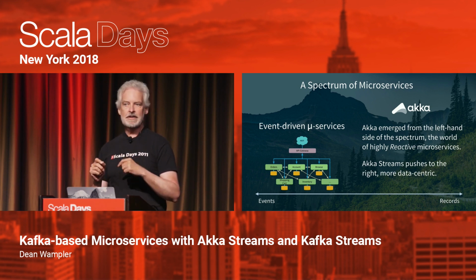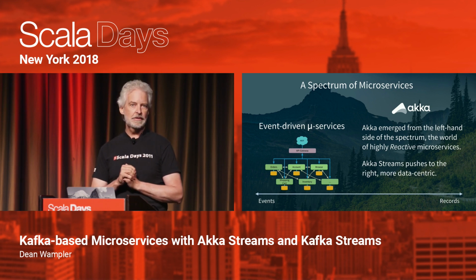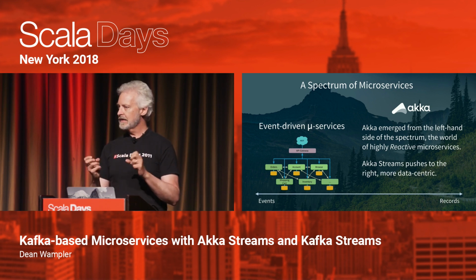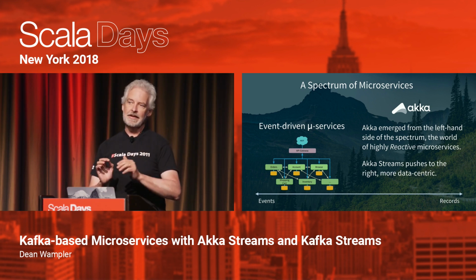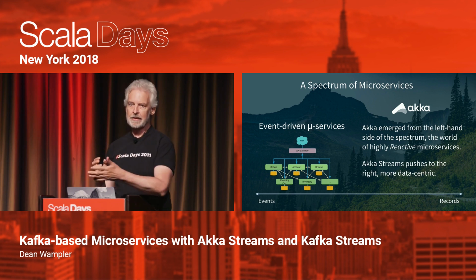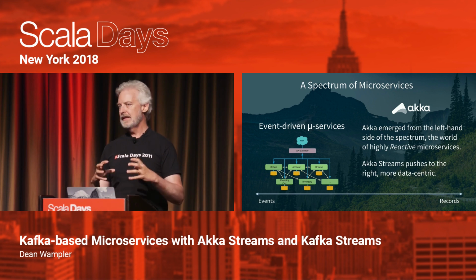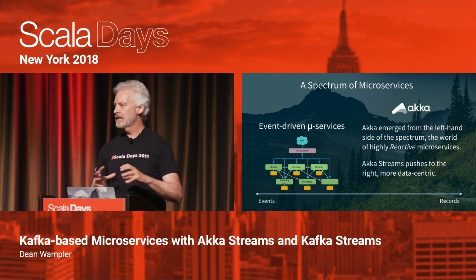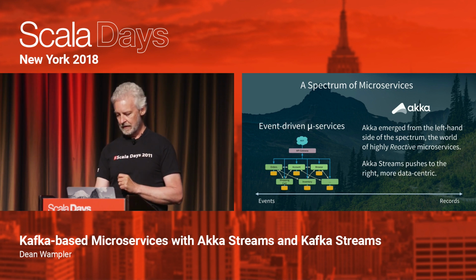If you went to Colin's talk before this one, he went into a lot of detail about some of the cool things you can do with Akka Streams. And a lot of it is really powerful little operators you can apply to your data, like send the error messages this way and group things up for efficiency and then send them in bulk and handle timeouts and all this kind of stuff. The sort of thing that you really need when you really have tight control over your environment and need very fine-grained control over what's going on.